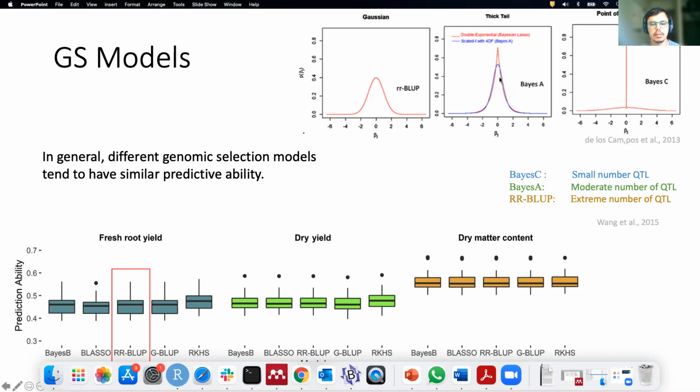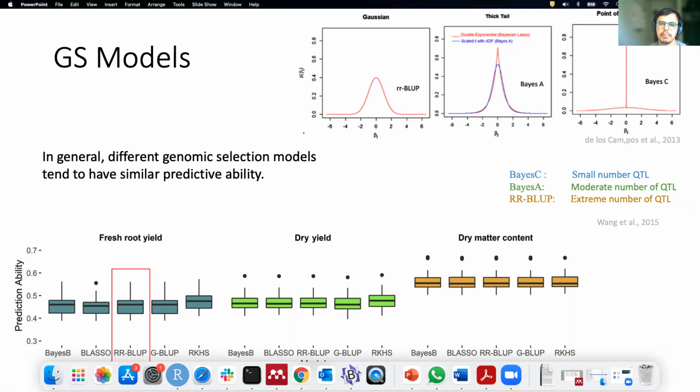Bayesian models, I think they are interesting because they have a prior; you can set a prior distribution of the effect of the markers, and that makes a lot of sense because there are some traits, for example quantitative traits in general, such as yield, that are controlled by a lot of regions in the genome.